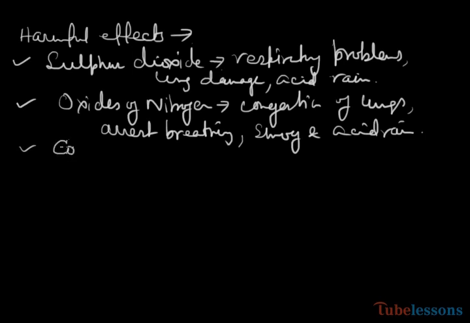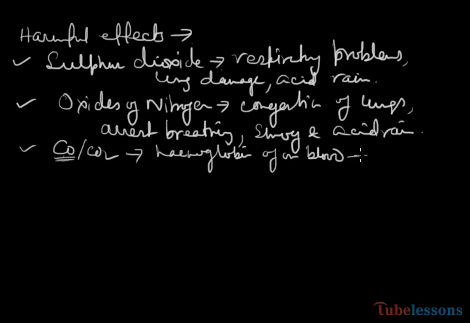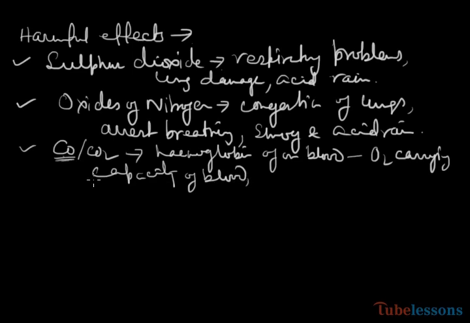If we consider carbon monoxide and carbon dioxide, the two oxides of carbon: carbon monoxide is a very poisonous gas, and it combines with hemoglobin of our blood and reduces the oxygen carrying capacity of blood, which may obviously lead to breathing problems. And carbon dioxide, although a small amount is a constituent of air, in excess may cause harm to the environment.